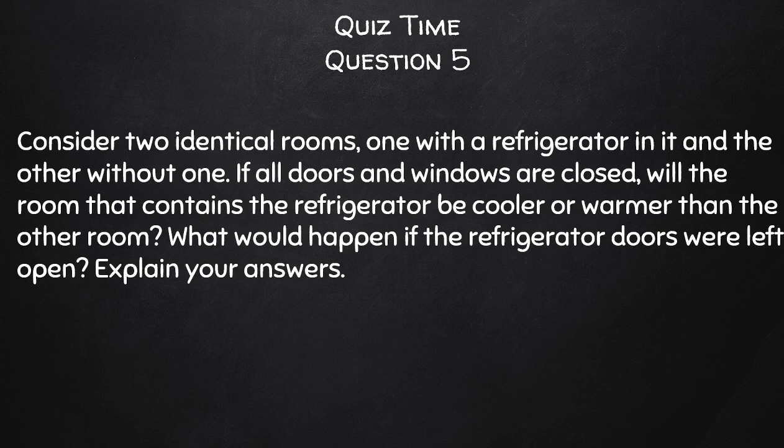One of the rooms has a fridge and the other one does not. Consider which room would be warmer, and what would happen in this case if the refrigerator doors, so both the freezer and the fridge doors, were left open. Consider your answers. Why would you give these answers? Maybe pause before moving on.